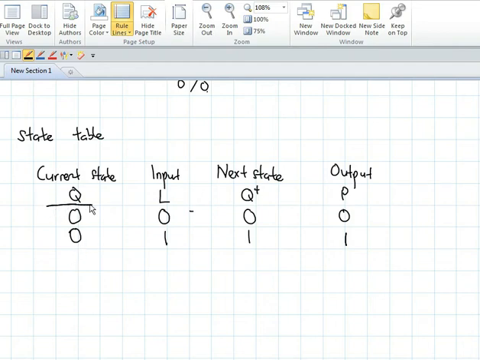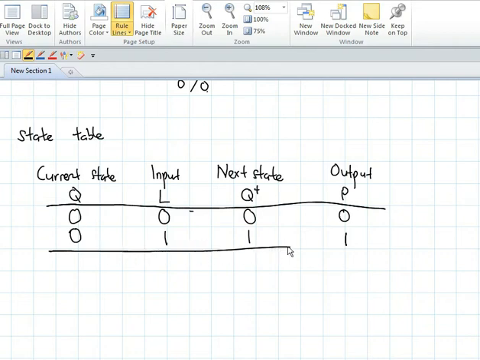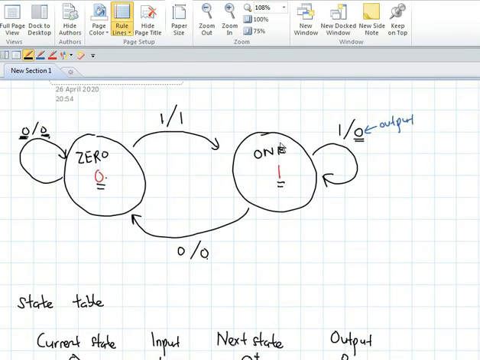Now you are in state 1, because you detected a 1 previously.